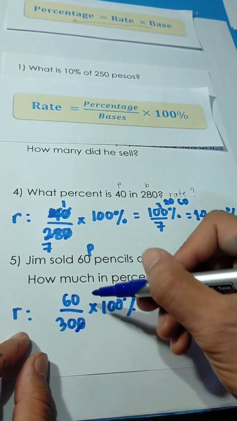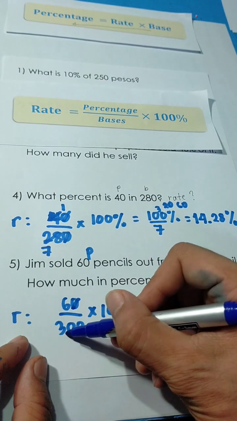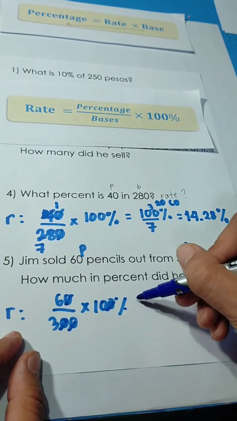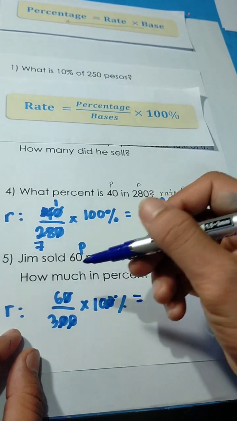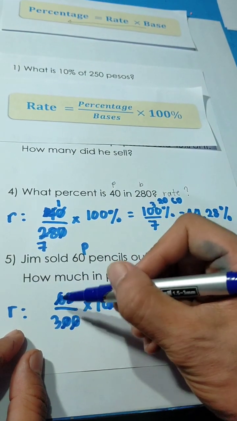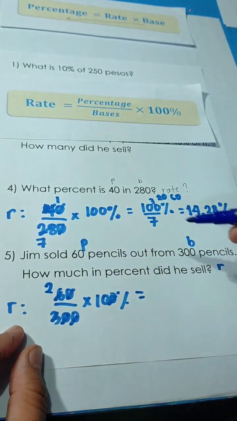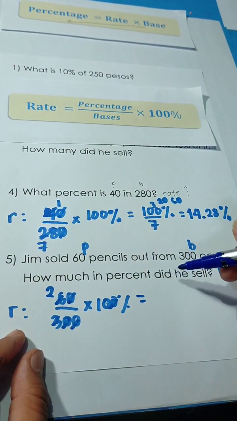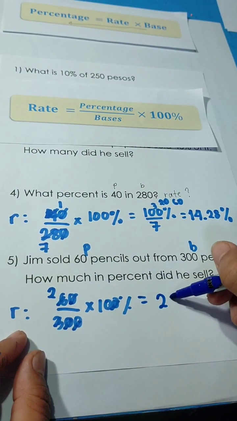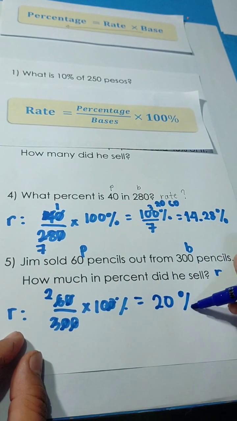We pair the zeros. You can still pair it here. We can divide 6 by 3. That's 2. 2 times 10 is 20. We have 20%.